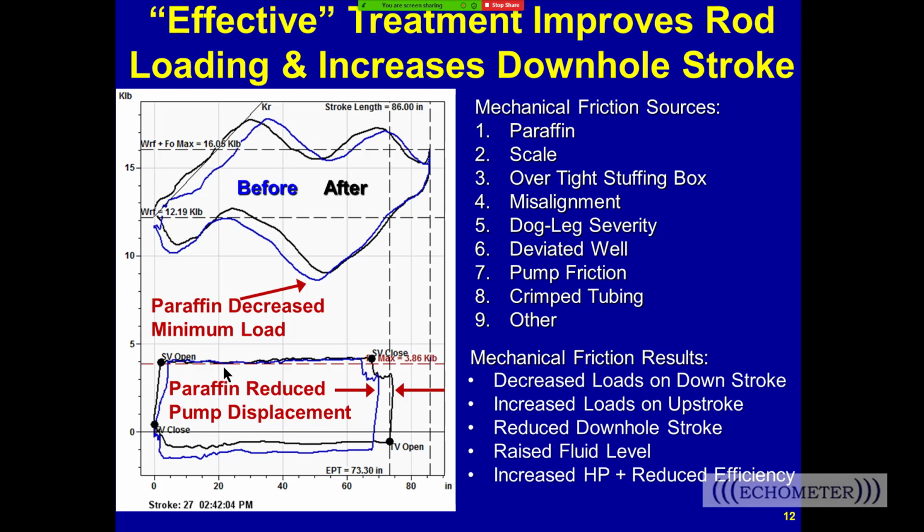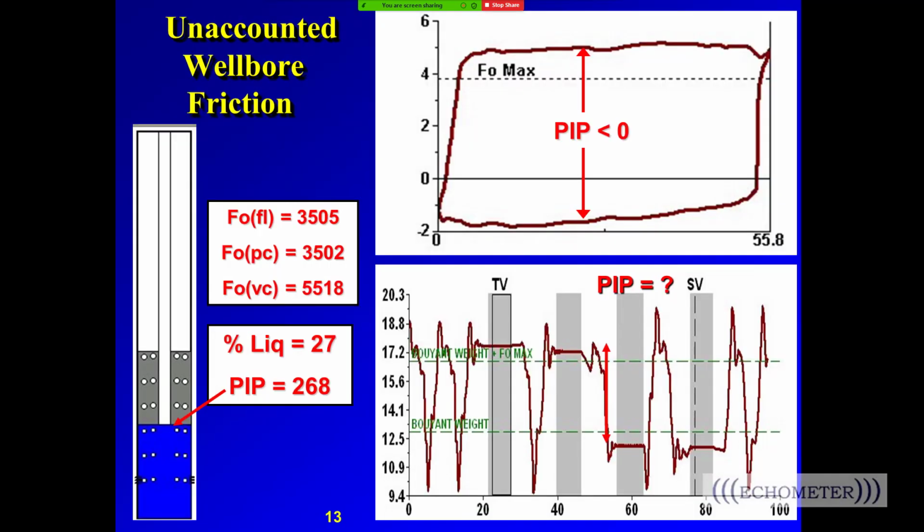But the hot water didn't work unless you put a paraffin solvent in with the water. They still had problems when using only hot water, and probably not enough treatment. This is a well treated with hot water. It still has a paraffin problem, but they weren't using a solvent along with hot water.